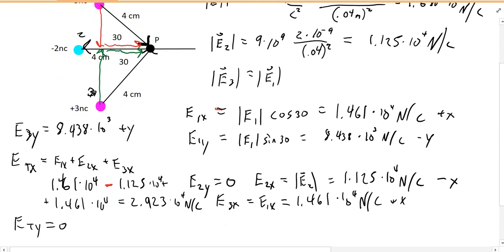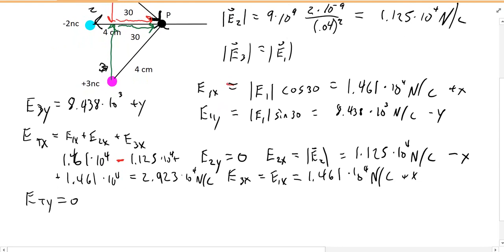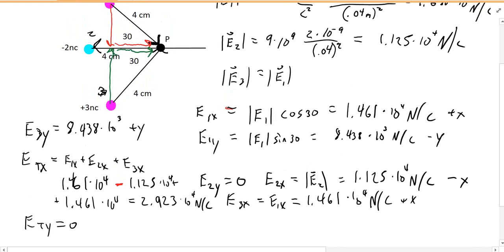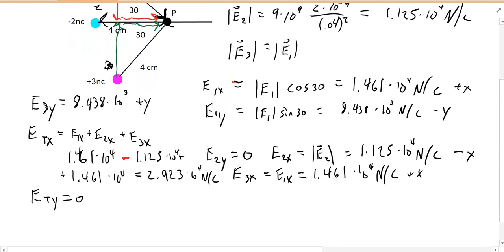All right. But let's say we had a situation in which ETY was not 0. How would you find the magnitude of the total electric field? You'd use the Pythagorean theorem: the square root of ETX squared plus ETY squared.